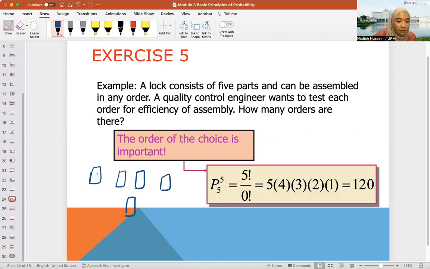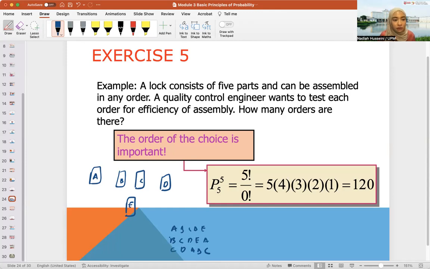For example, the 5 parts are called A, B, C, D, E. So the quality engineer wants to test A, B, C, D, E, or B, C, D, E, A, or C, D, A, B, C. So he wants to test all possible ways of assembling the 5 parts together so that he knows that the log is functioning well.